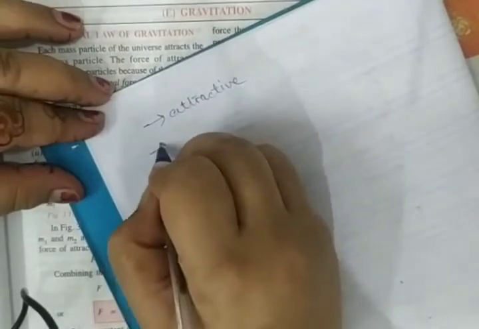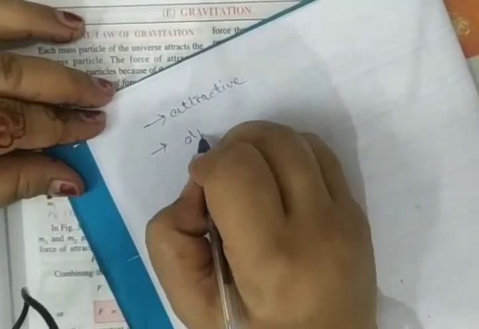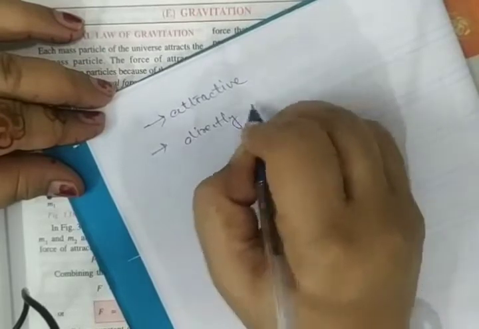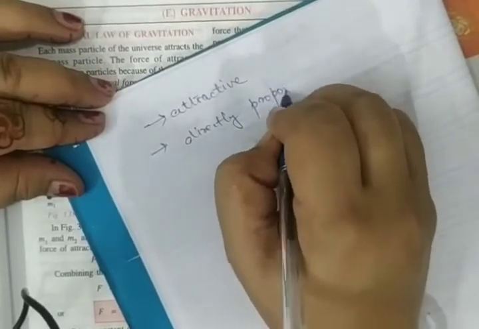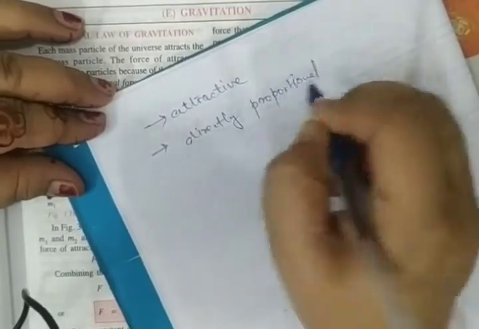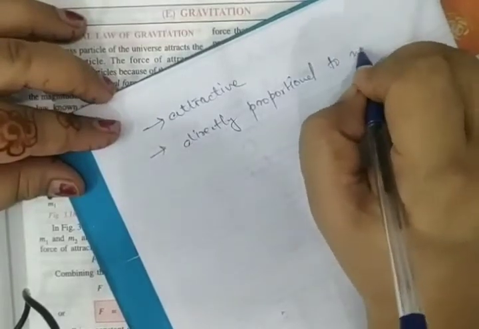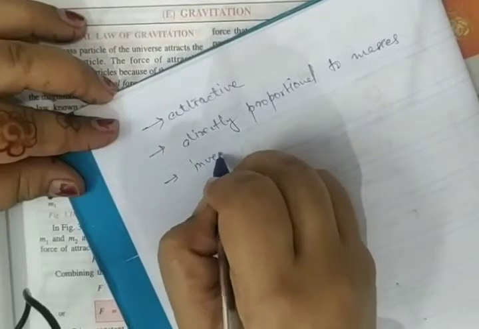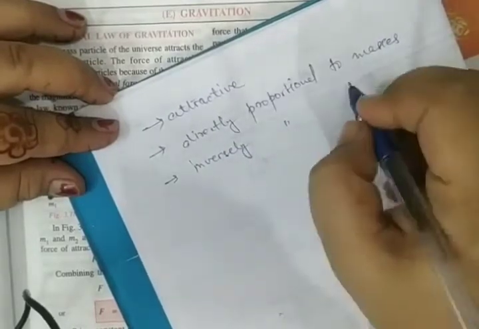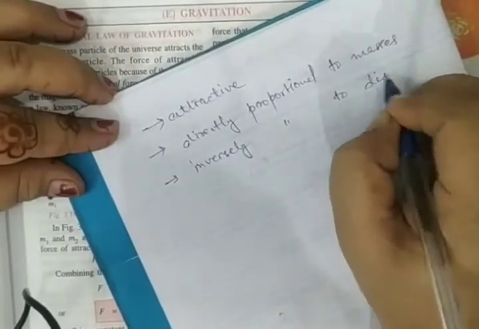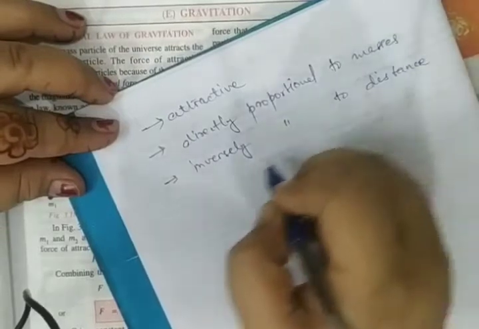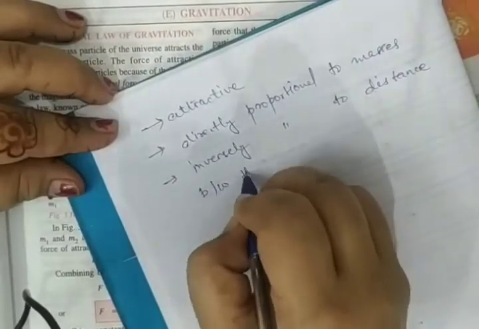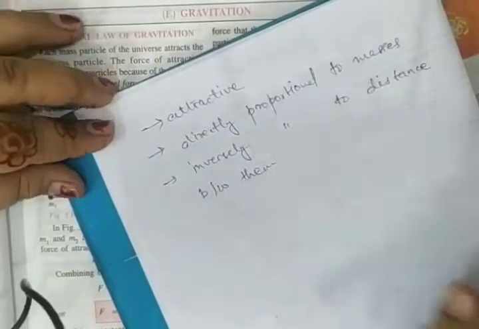It is directly proportional to the masses, and inversely proportional to the distance between them, that is r. These are the main three properties.